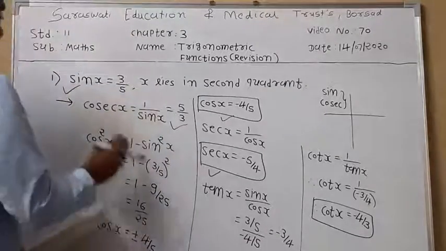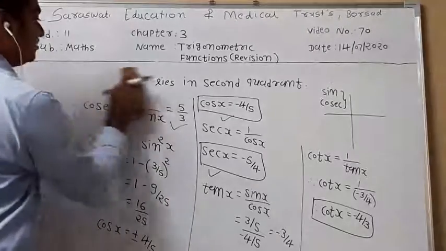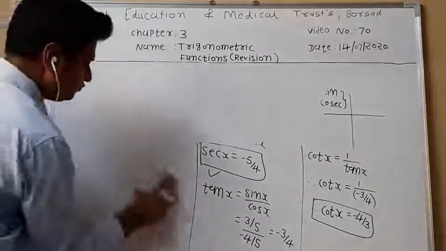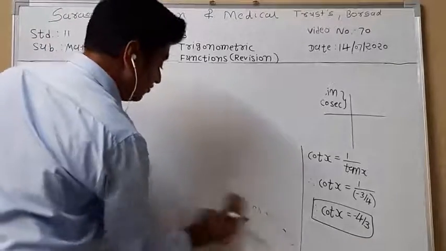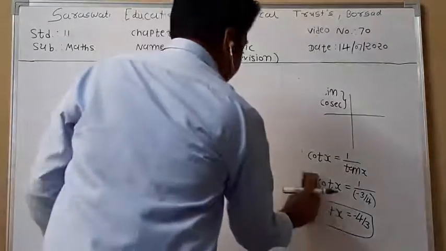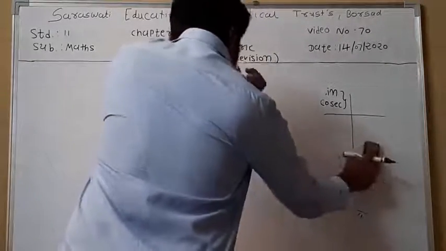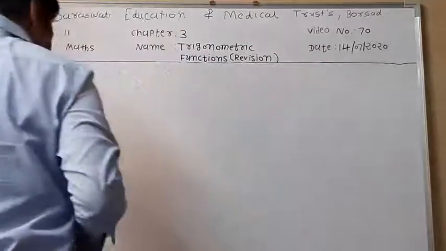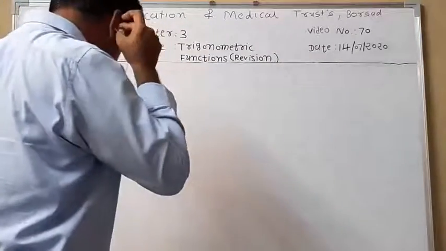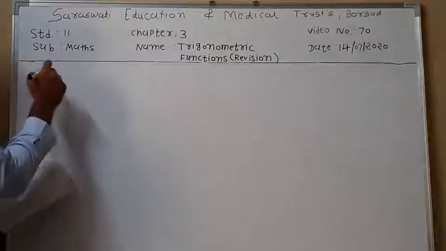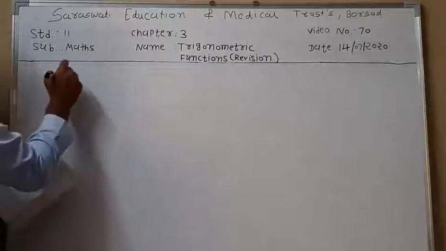Now the next question. Suppose tan x is equal to minus 5 by 12, and again the condition is present that x lies in the second quadrant.